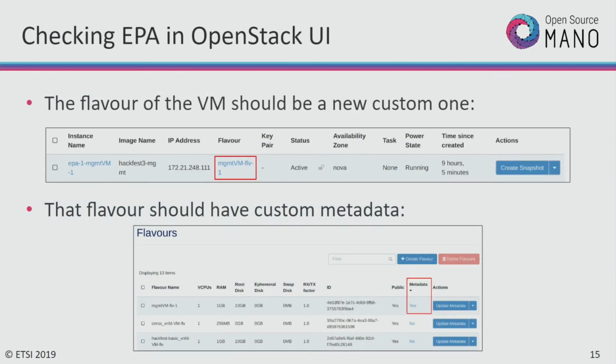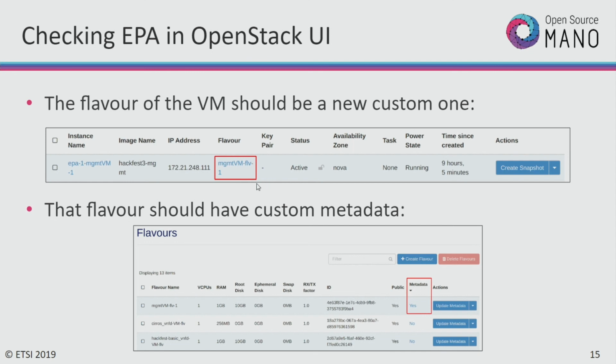And it's easier to do it in the UI. You just need to look at your tenant on OpenStack and look at the flavor that was created with your VM. Because when you use EPA, you always will create a new custom one with the specific metadata that makes that flavor different.